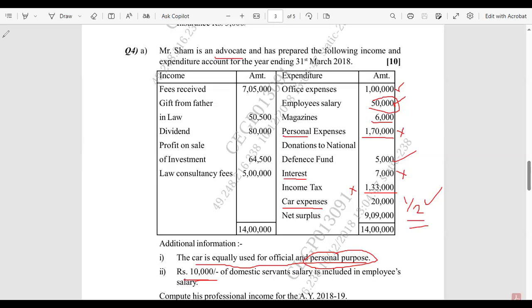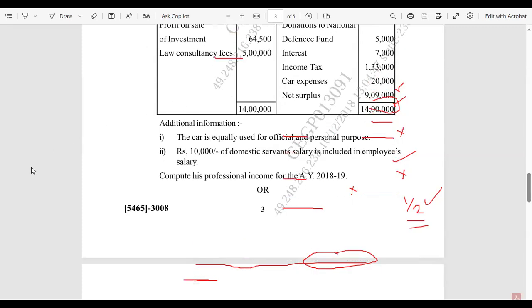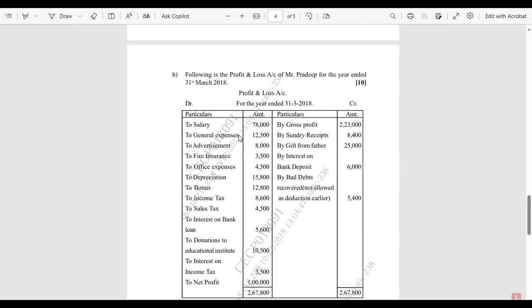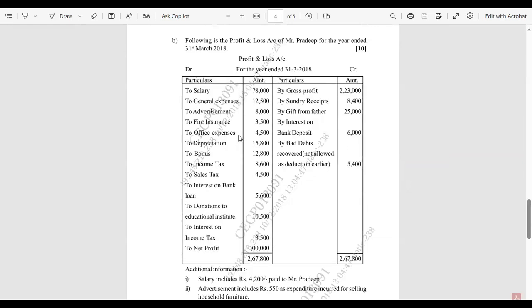Let's see. There might be another example in the paper. Okay. We have another example. Following is the profit and loss account of Mr. Pradeep for the year ended 31st March 18.